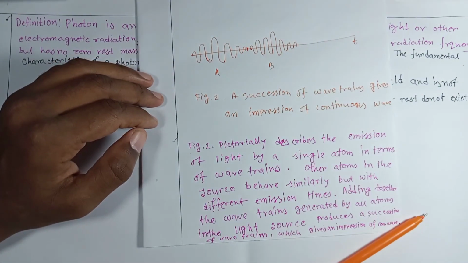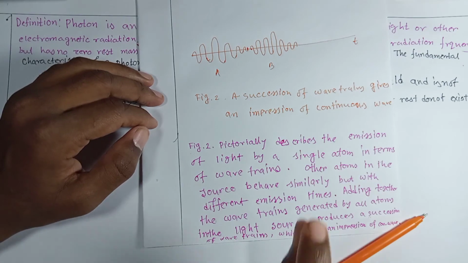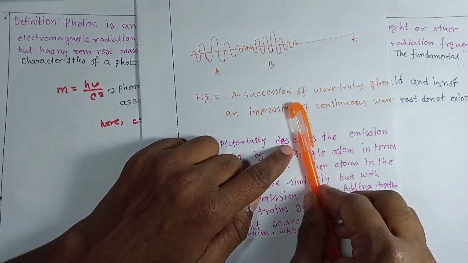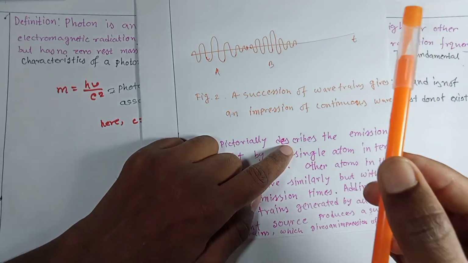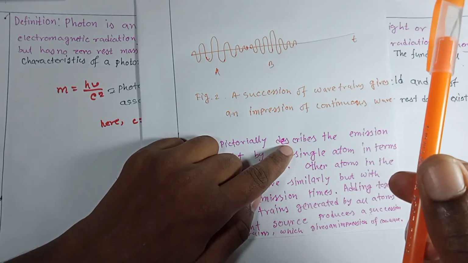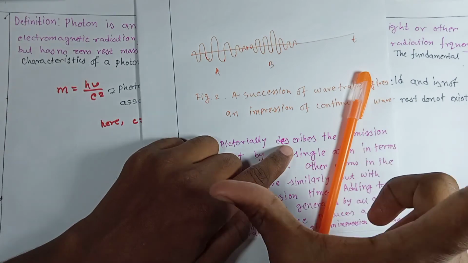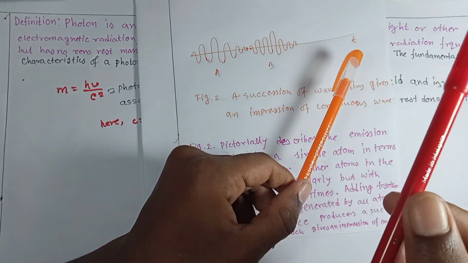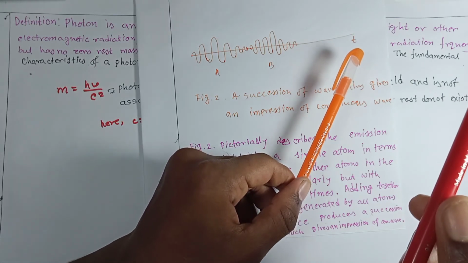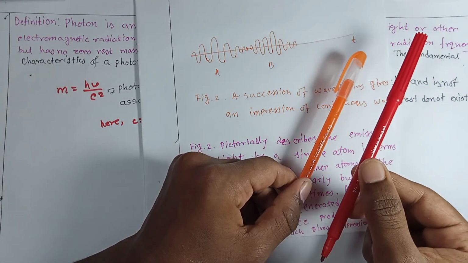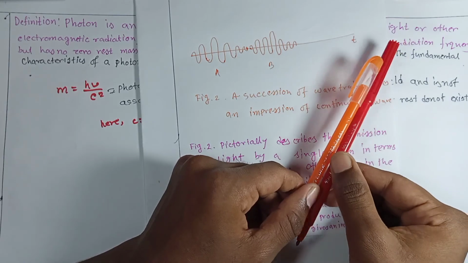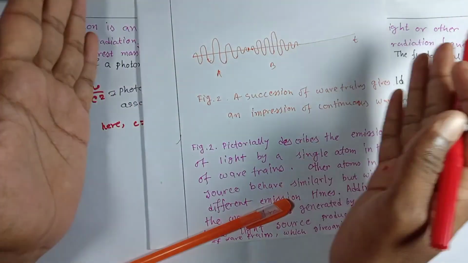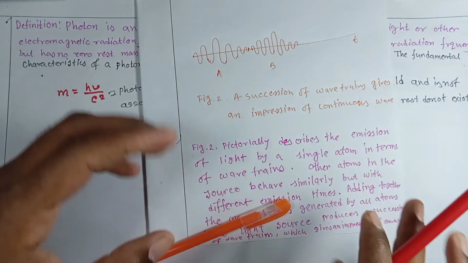Atom A in the lower state goes to the higher state and then goes to the lower state by emitting a photon. Then after that time another atom also emits a photon, and this combines in the source.